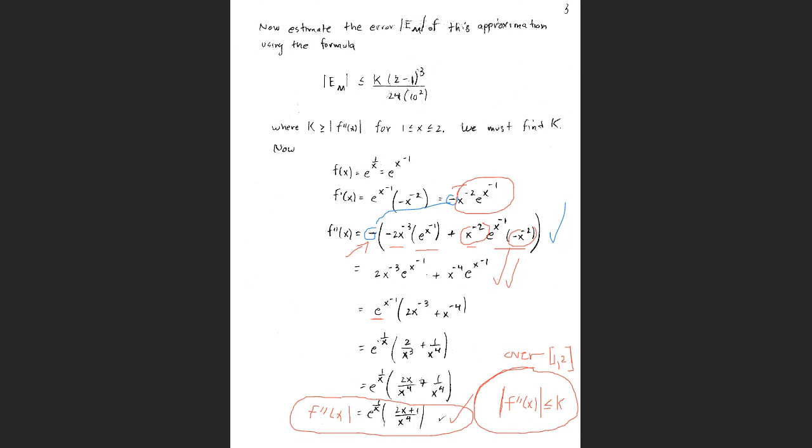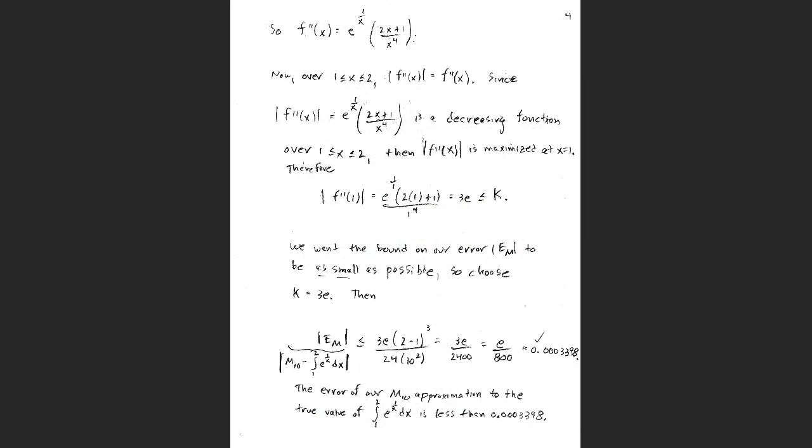All right, to the next page then. So again, here's our second derivative. When x is between 1 and 2, and that's of course the interval our integral goes from 1 to 2, the absolute value of the second derivative is just equal to the second derivative, because this second derivative is positive.